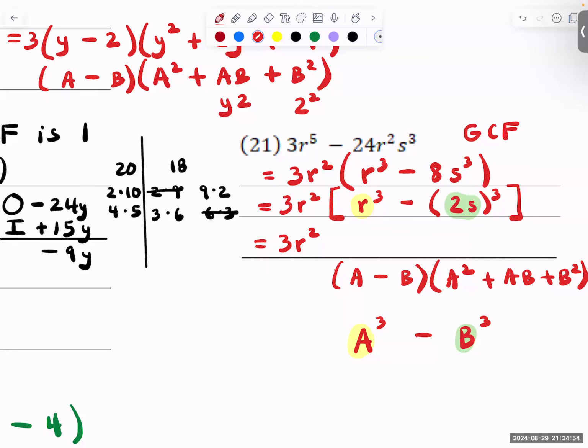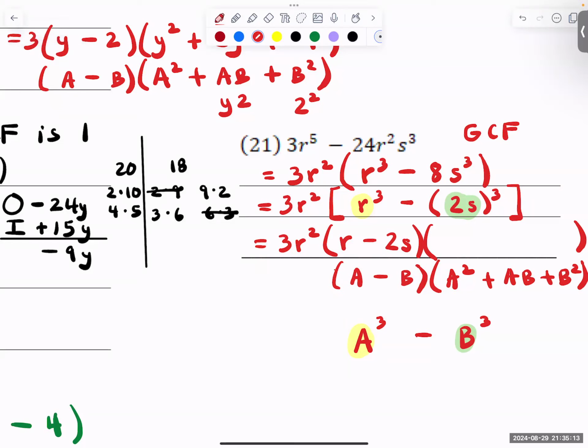So everywhere there's an A, substitute r, and everywhere there's a B, replace with 2s. So we have r minus 2 times s.